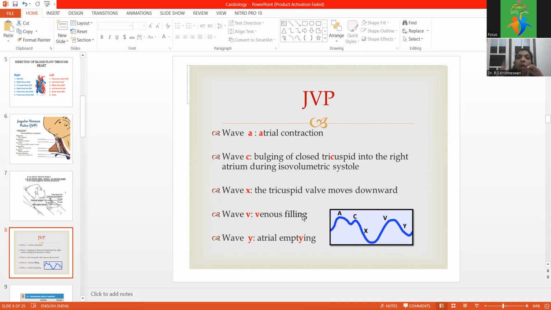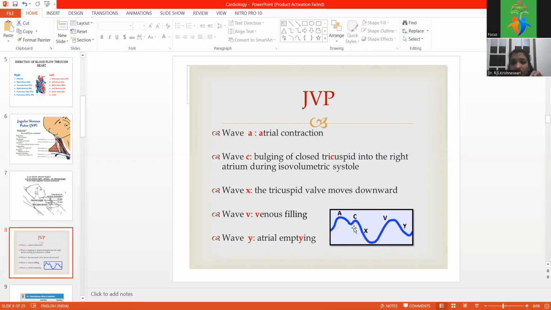Once the atria contracts completely, the blood from the atria flows towards the ventricle, and suddenly the tricuspid valve shuts. The tricuspid valve closes. So when there is increased pressure, the A wave is produced, and when there is decreased pressure due to the sudden closure of the tricuspid valve, there will be a negative wave X. You understand? Negative wave X.